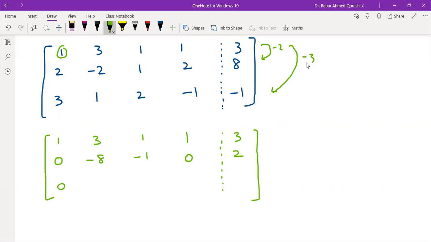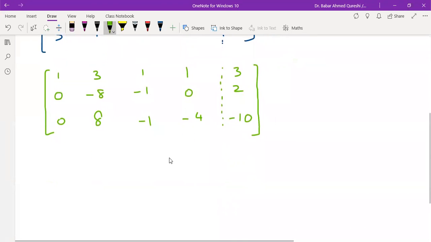This time I'm multiplying with the minus 3. So minus 9 plus 1 gives me an 8. Minus 3 plus 2 gives me a minus 1. And a minus 3 minus 1 gives me a minus 4. And a minus 9 and a minus 1 gives me a minus 10.